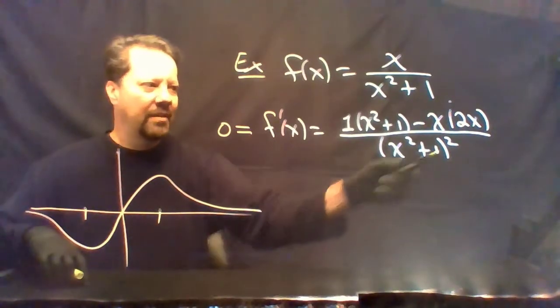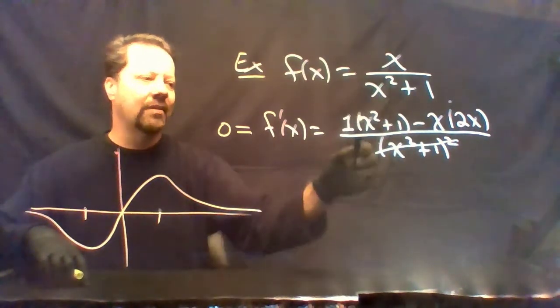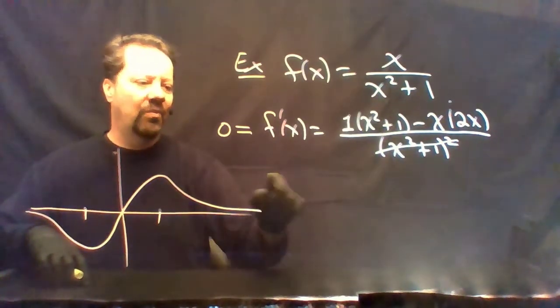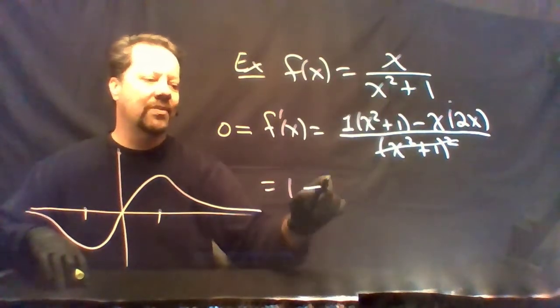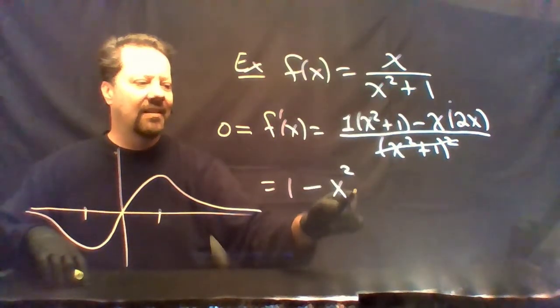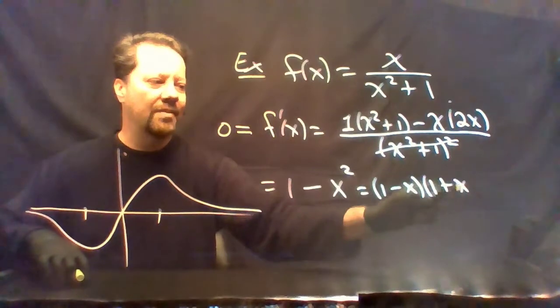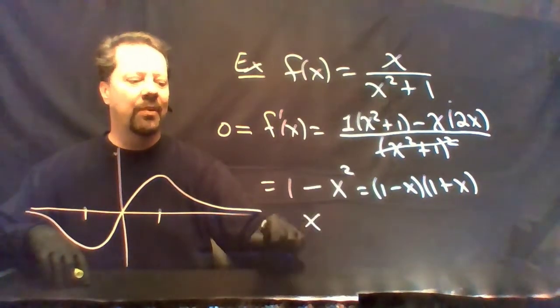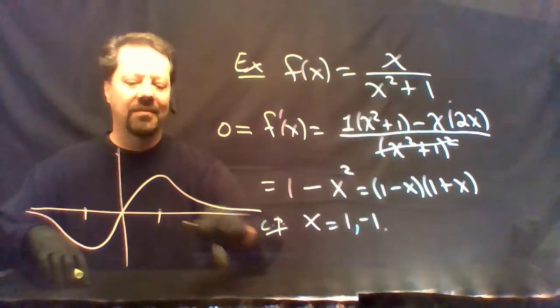The derivative is defined everywhere, so the critical points will have to occur where the derivative equals 0. We can multiply both sides by the denominator and cancel it out. We'll have 1, we'll have x squared minus 2x squared is minus x squared. This factors as a difference of squares, and so we get critical points x equals 1 and -1.